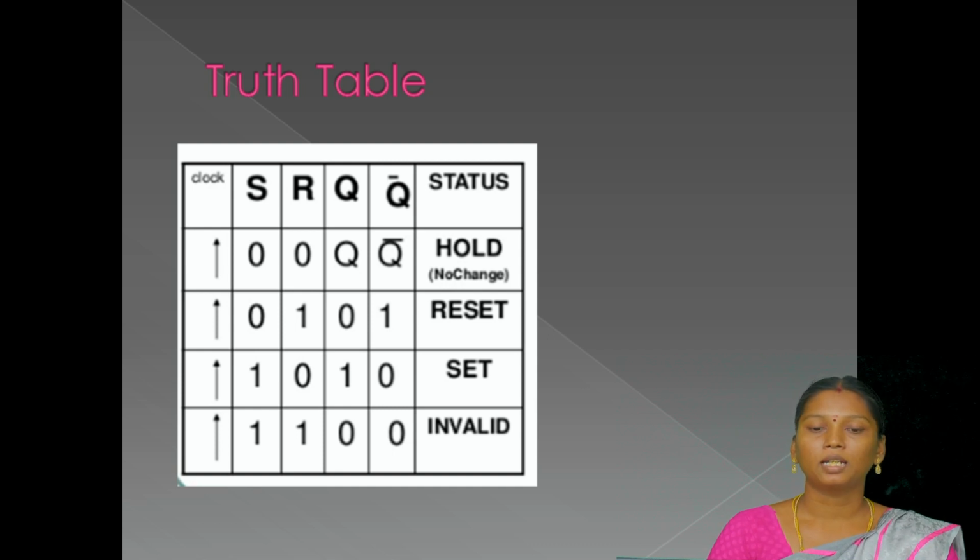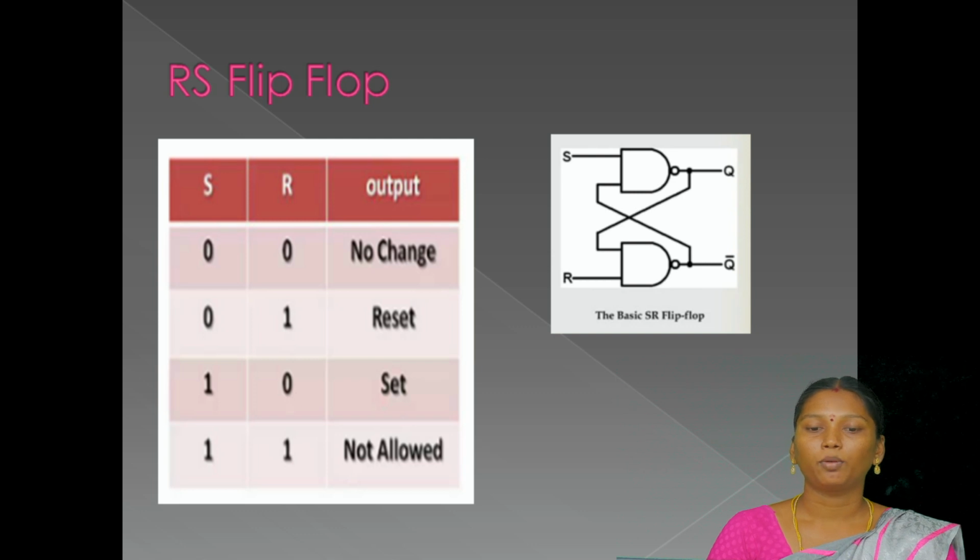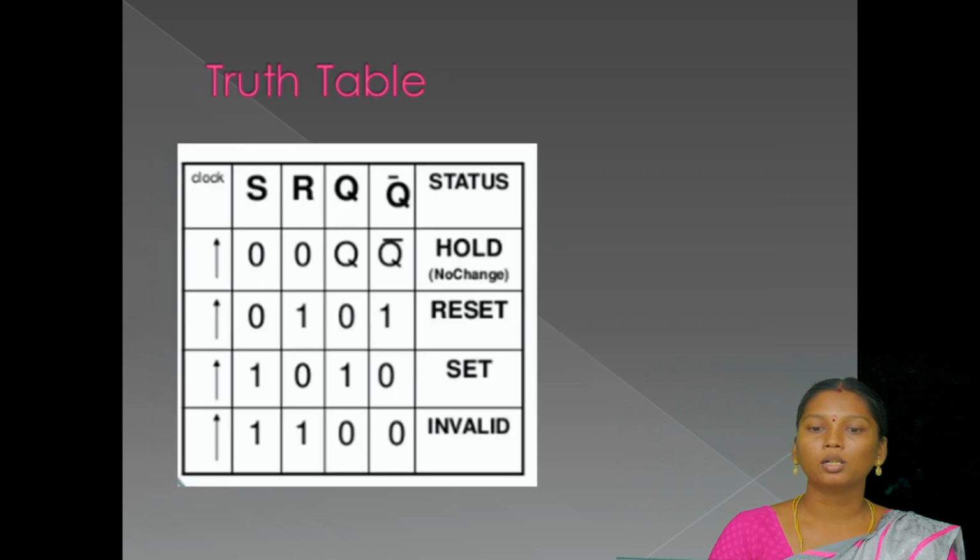In the basic flip-flop, there are only two inputs, R and S. In the clocked RS flip-flop, there are three inputs: clock, S and R, and only one output. Only when the clock is high can we get the output. Clock high, S equal to 0, R equal to 0 means hold or no change.